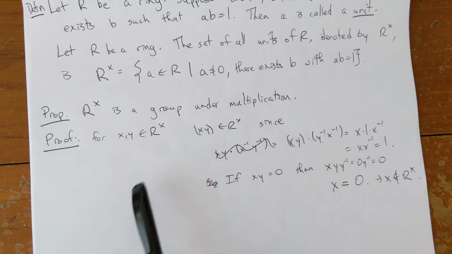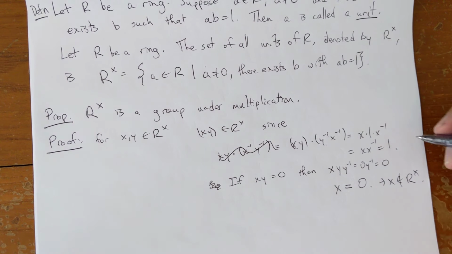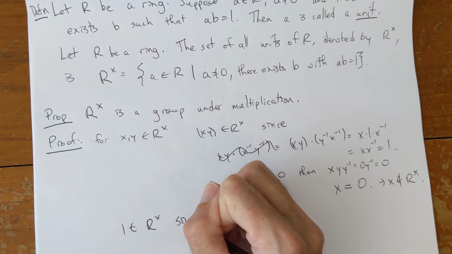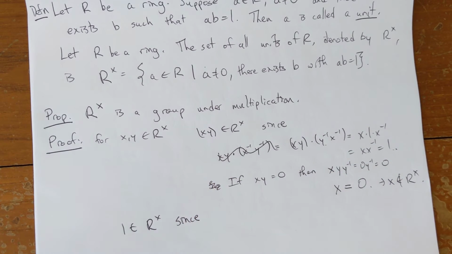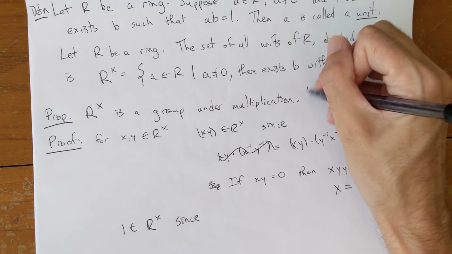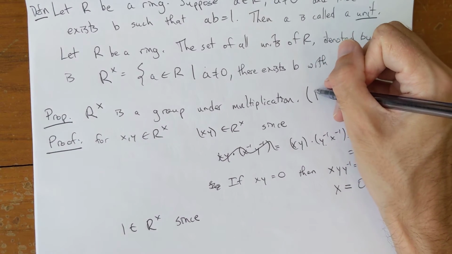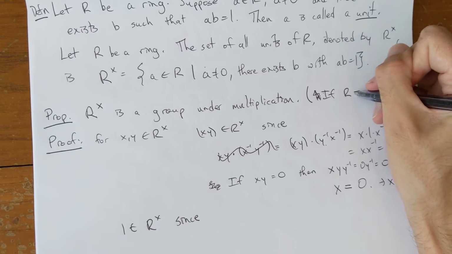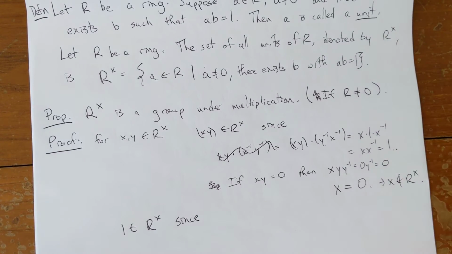So if I take any two units, I multiply them and I get a unit. That's good. There's also an identity under multiplication. Well, it's just the identity of the ring, right? 1 is in R cross since, only if R is not the zero ring.